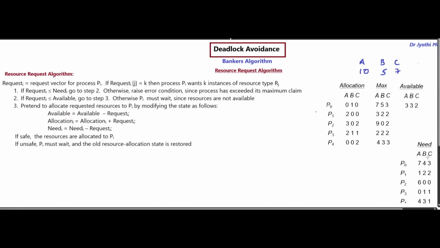So 7 minus 0 is 7, 5 minus 1 is 4, like that. In the last video we understood how these matrices are generated. This is at time t0, and we ran the safety algorithm in the last video and were able to generate the safety sequence, which means the system is not in a deadlock state.